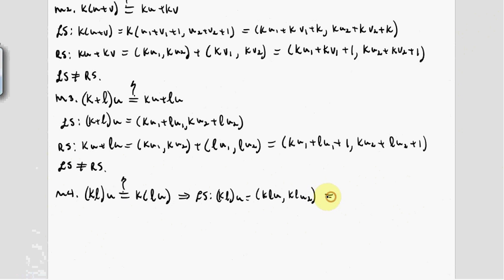And notice here that even if you pulled out the k and you had what was left, L times u sub 1 comma L times u sub 2. That's here. This is k times L u. So the left side does indeed equal the right side.